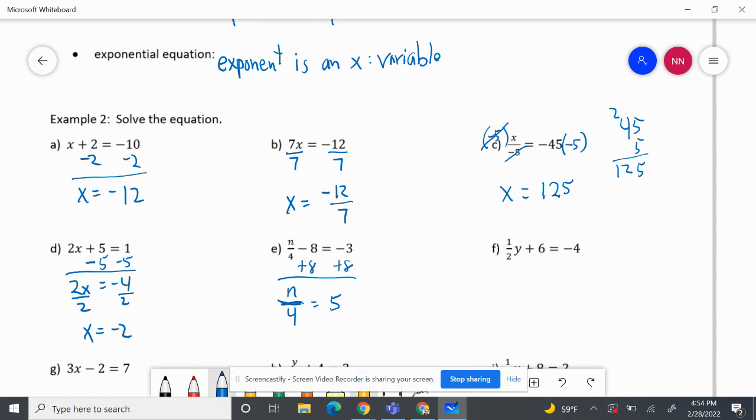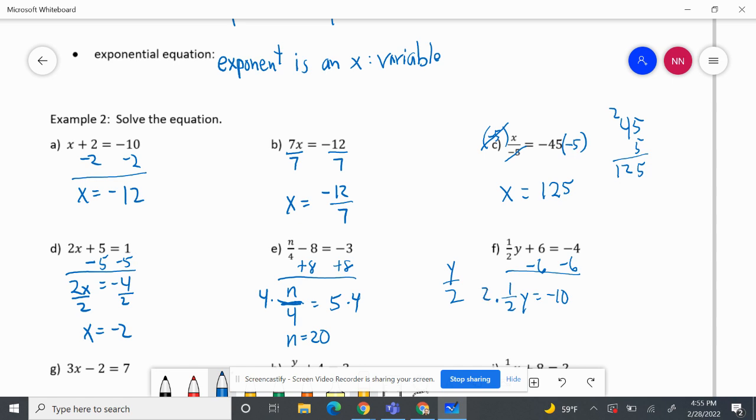Because we're dividing, the opposite of dividing is multiplying, so we're going to multiply it by 4. And then for letter F, we're adding 6, so our first step is to subtract the 6. And a fraction, this right here is the same thing as y over 2, so we could think of it as dividing.